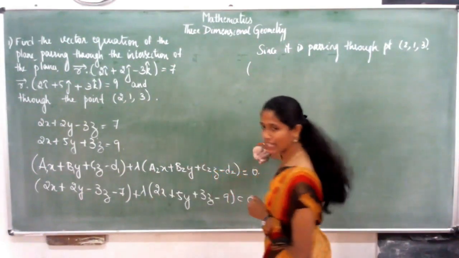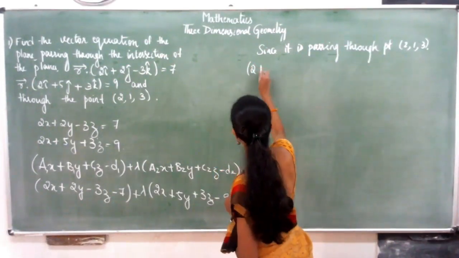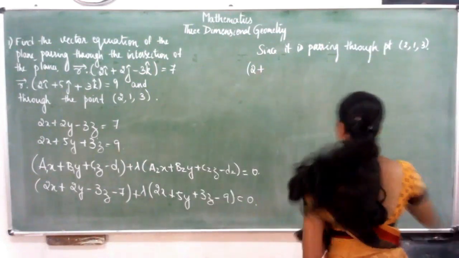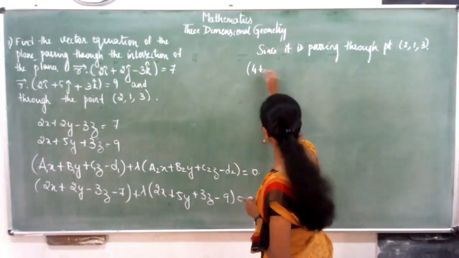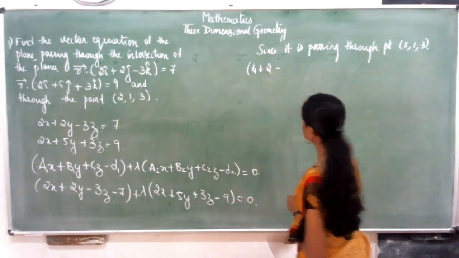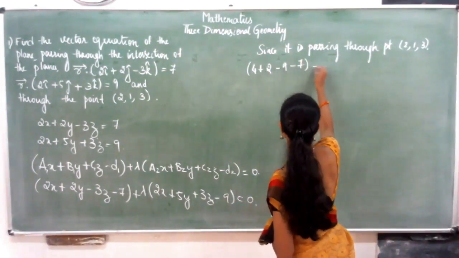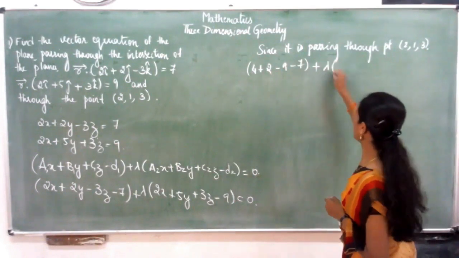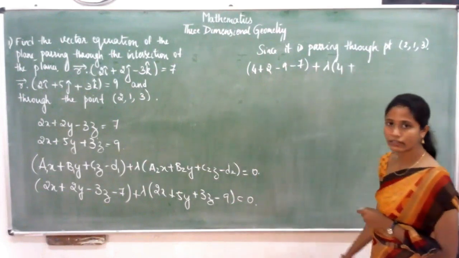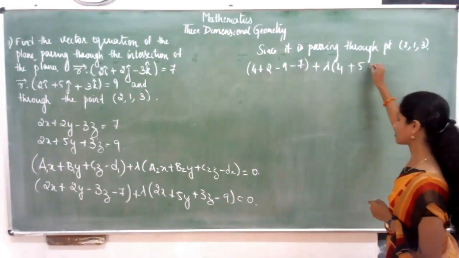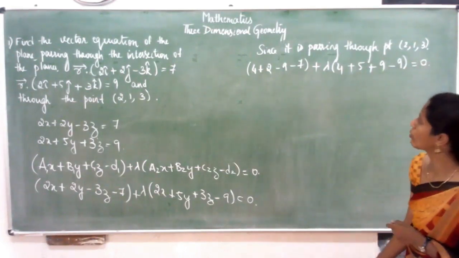So substituting x as 2, y as 1 and z as 3, we get 2 into 2. x is 2, therefore 2 into 2 is 4, then y is 1, 2 into 1 is 2, minus 3 into z value is 3, 3 into 3 is 9, minus 7 plus lambda into, again 2 into 2 it is 4, then plus 5 into 1 it is 5, then plus 3 into 3, 9, minus 9 is equal to 0.